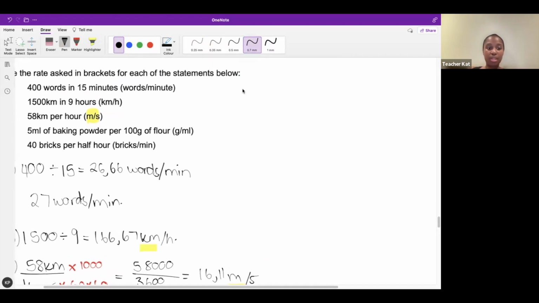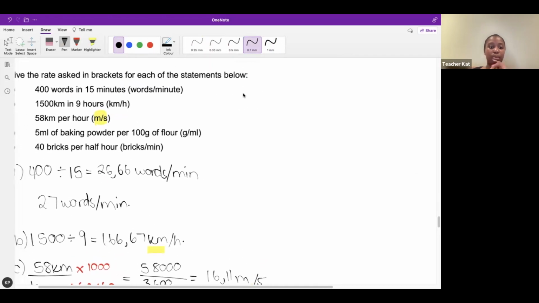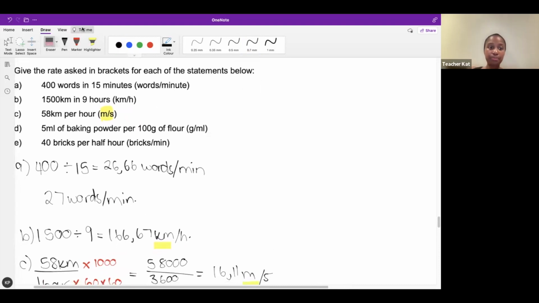Let's do number D over here. It says 5 milliliters of baking powder per 100 grams of flour. This is number D. So we want to know for 1 milliliter. Do you see where the milliliter is placed? It's over there. So we want to know how many grams per 1 milliliter. So what do I have to do over here?